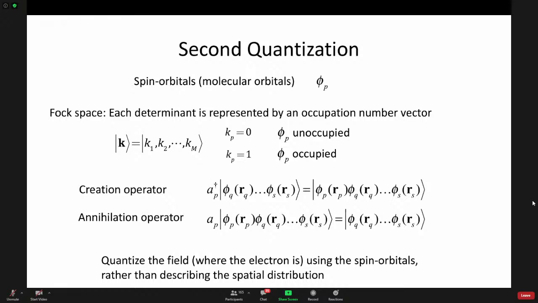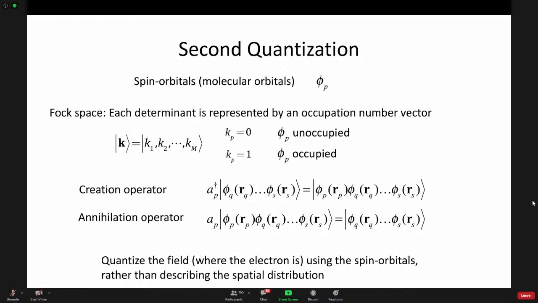So the second quantization picture starts from the molecular orbitals. So we could consider the second quantization after Hartree-Fock. So we consider Fock space. Each Slater determinant, like this, is represented by an occupation number vector, which means rather than describing the spatial distribution, we quantize the field.